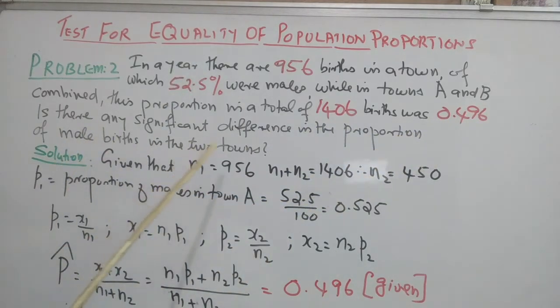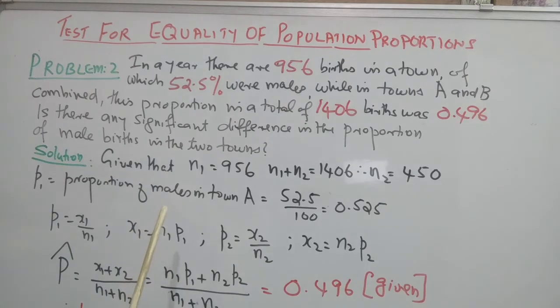Is there any significant difference in the proportion of male births in the two towns? This problem needs some mathematical computations. This is not a direct problem.